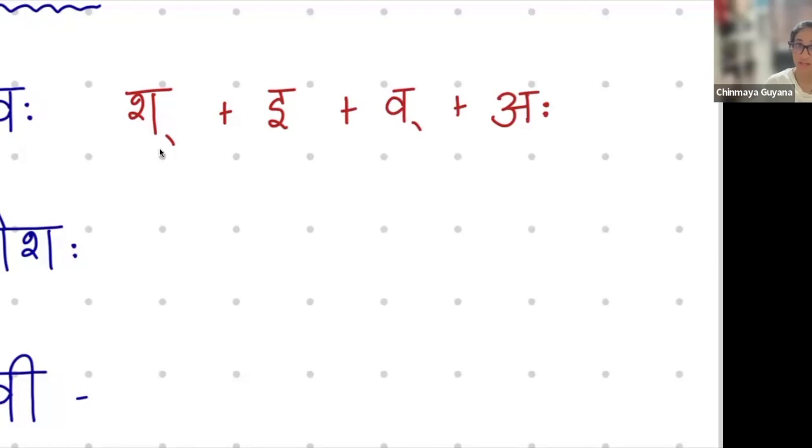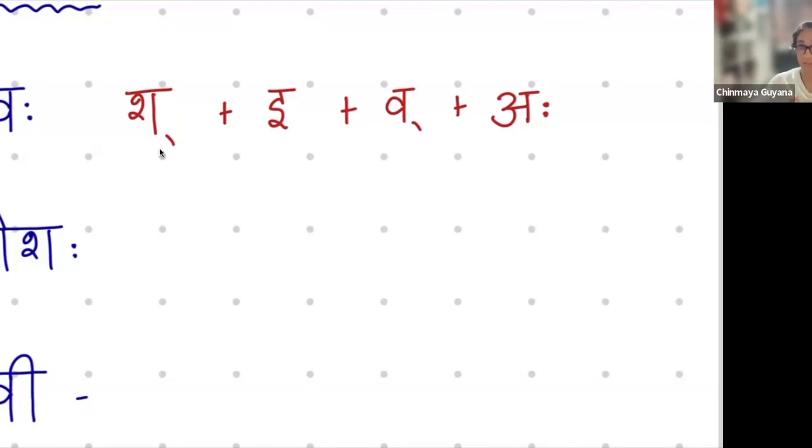Sh, i, v, aha. Each consonant and each vowel is written out separately. And the consonant, because it is separated from the vowel, has to come with the halant.